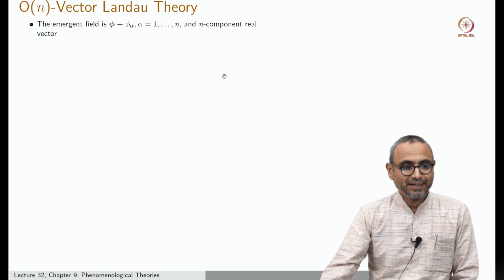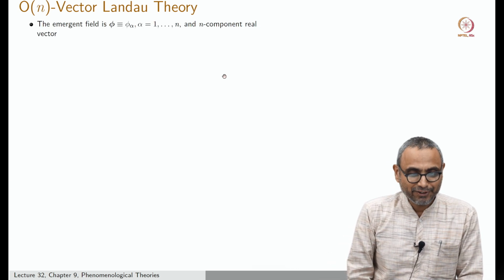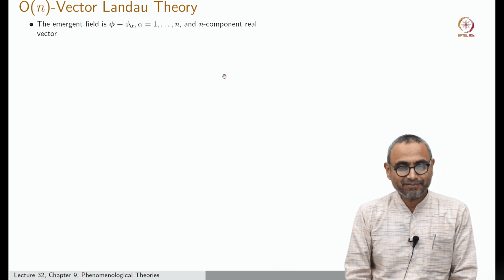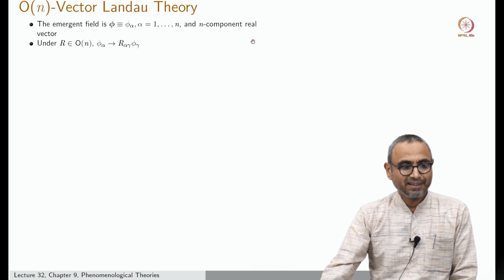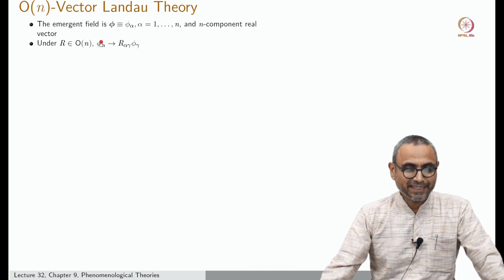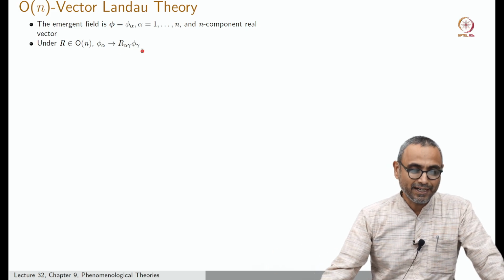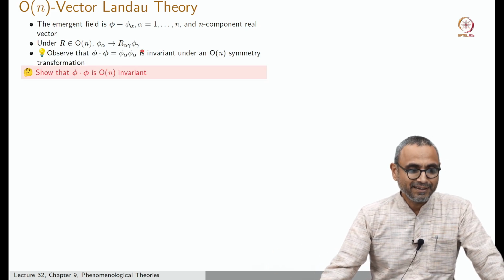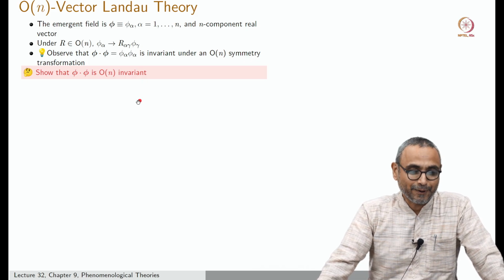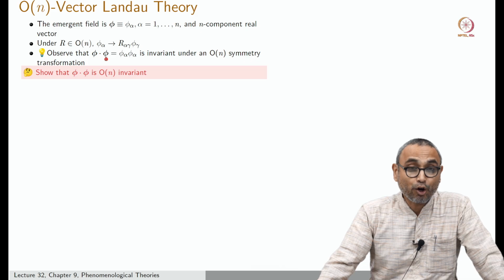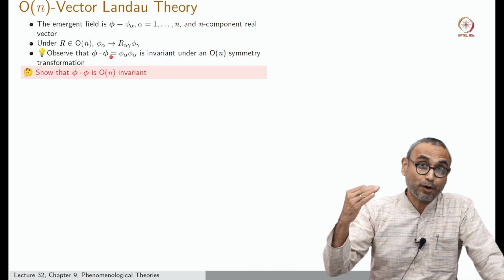Okay. So the emergent field, as we have agreed, is a vector with n components, and all the components are real. Under the symmetry transformation, this phi will go to R acting on phi, with R a matrix acting on phi. An important thing to observe is the following. If you take phi dot phi, this dot product is a dot product in the internal space.